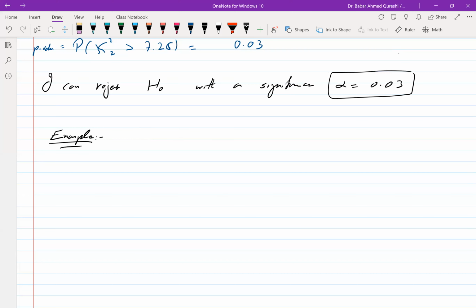We have a highway toll booth, and we observed it for 100 minutes. In 100 minutes, 190 cars arrived there. So we want to test for a Poisson distribution.